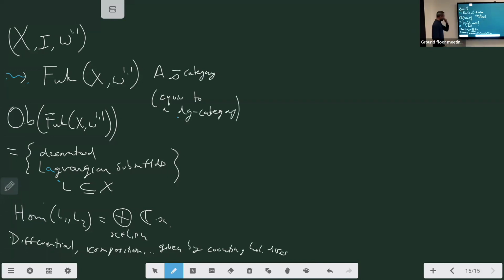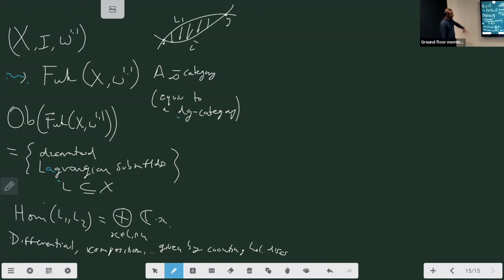Okay. So this holomorphic disk, so you have two Lagrangians, L1 and L2, and the differential, say, involving two intersection points X and Y is given by counting pseudo-holomorphic disks with boundary on L1 and L2. So it's some category, and this category has the interpretation.